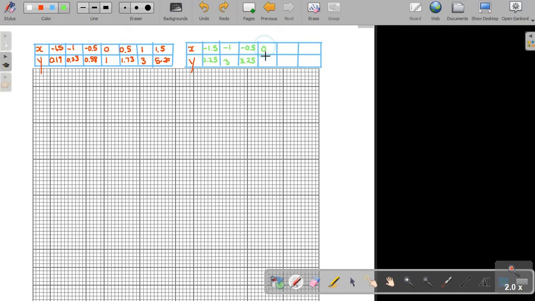And this was 0 and 3, and this is 0.5 and 2.25. And this was 1 and 1 and 1.5 and negative 0.75.